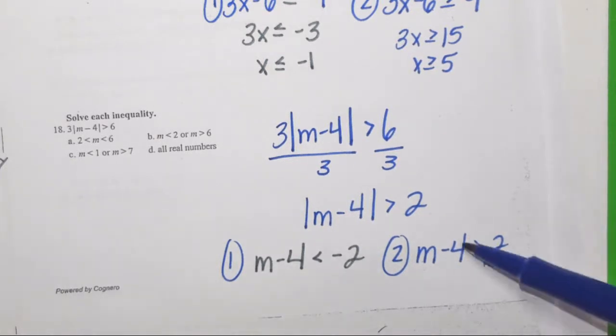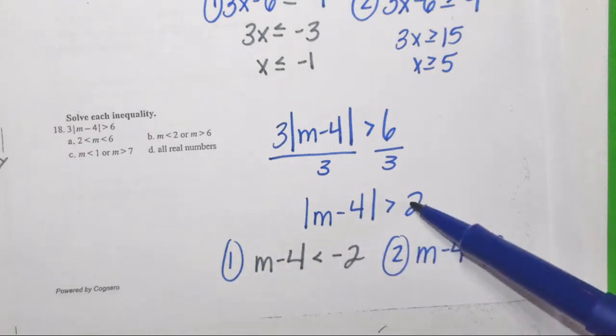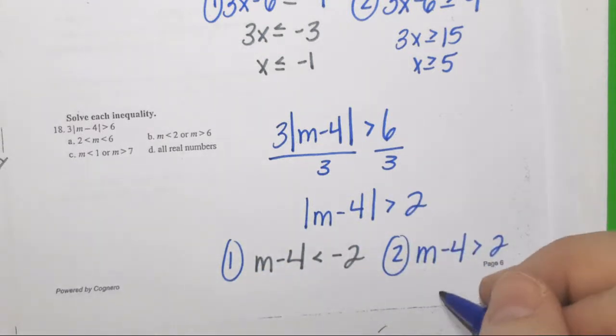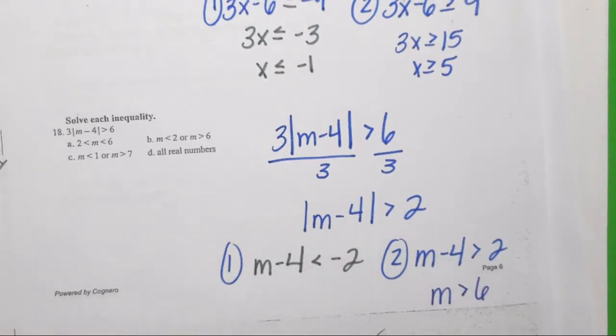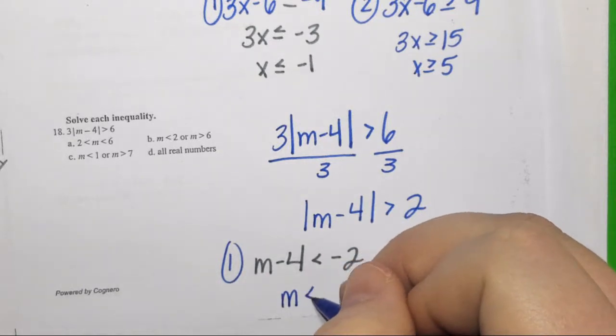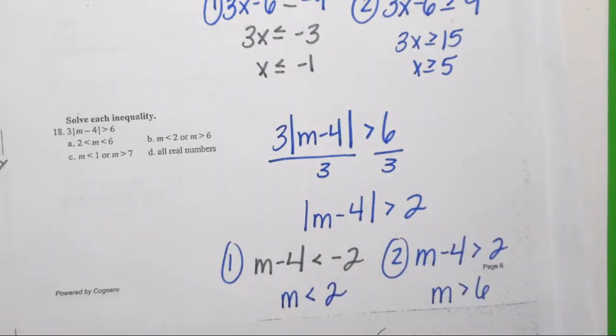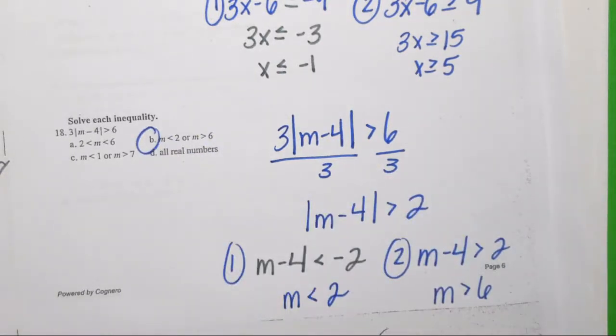And the inside chunk, the m minus 4, could be greater than 2, or the inside chunk could be less than -2. So I get m is greater than 6, and I get m is less than 2. So I'm going to select B as my answer. Any questions on 18?